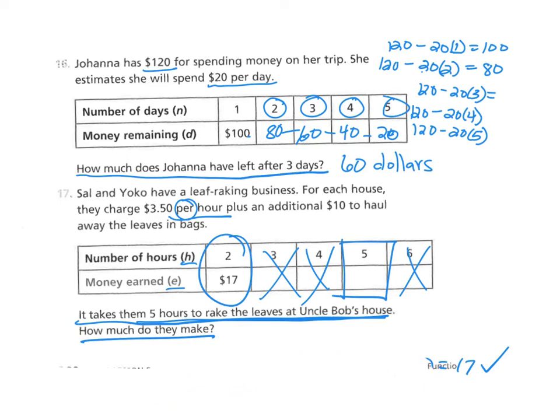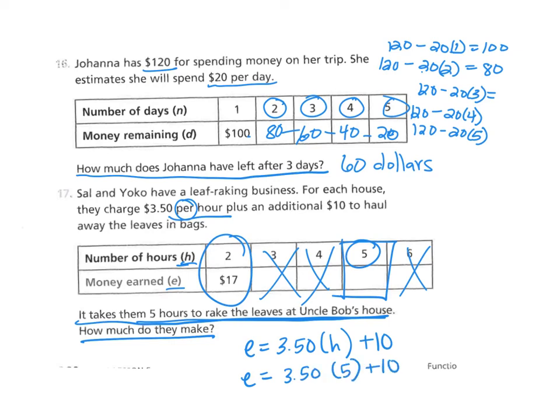I'm going to erase this. This is going to be a longer video than I thought. So our equation was E is equal to $3.50 times how many hours plus the extra $10 they have to spend. So I'm going to replace my H, hours, with 5. E is equal to $3.50 times 5 plus 10.